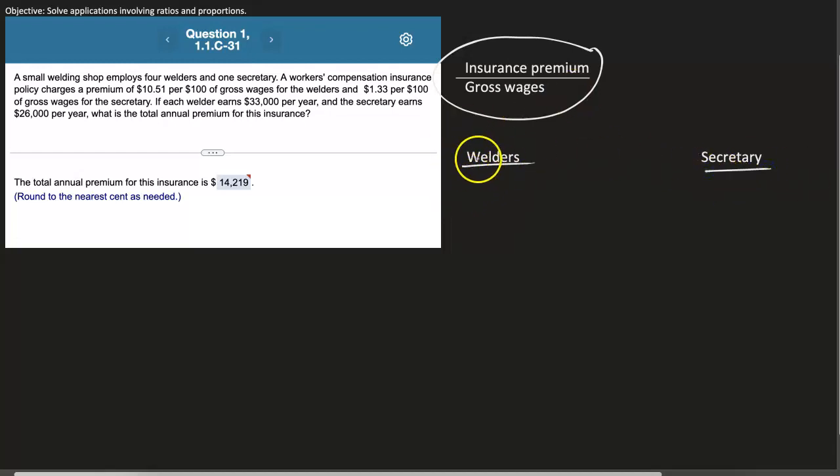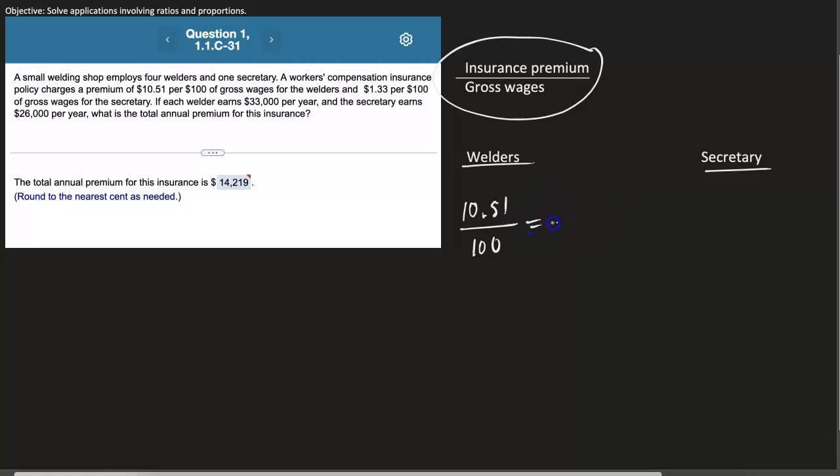So to do so, I do know a ratio for the welders. I'm told that that is $10.51 per $100 gross wages. And actually, because the units are the same here, I don't need to write in the dollar symbols on both.